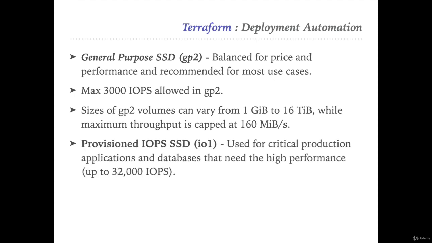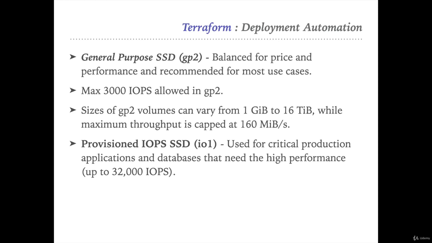The second one of SSD is the provisioned IOPS SSD, which in short is called IO1. It can be used for critical production applications and databases that need high performance, and it supports up to 32,000 input output operations per second. If you have a very critical production application, like Apache HBase or Cassandra, or some high performance database, then definitely you need to go with the SSD IO1.